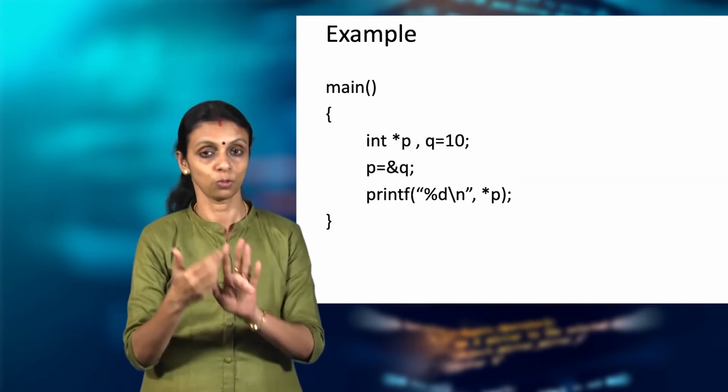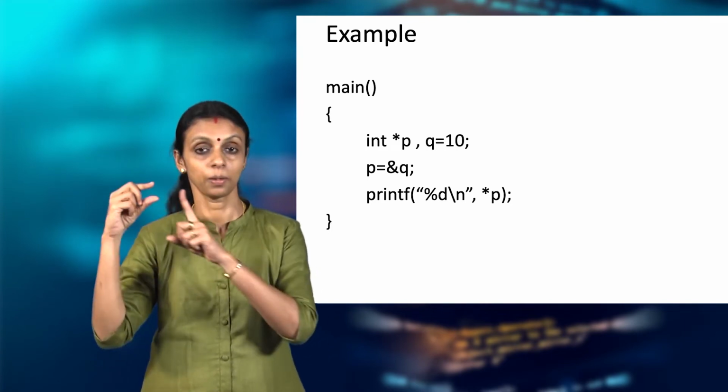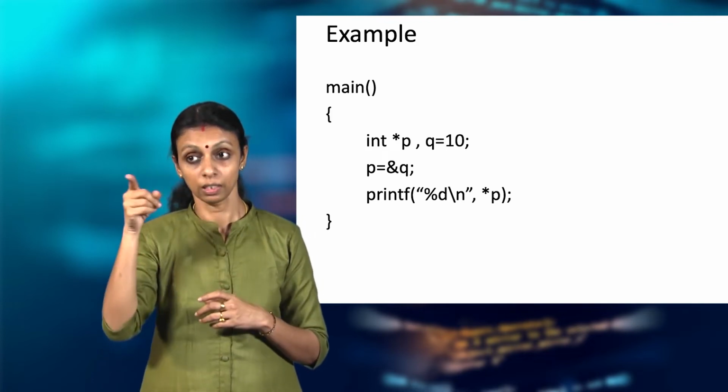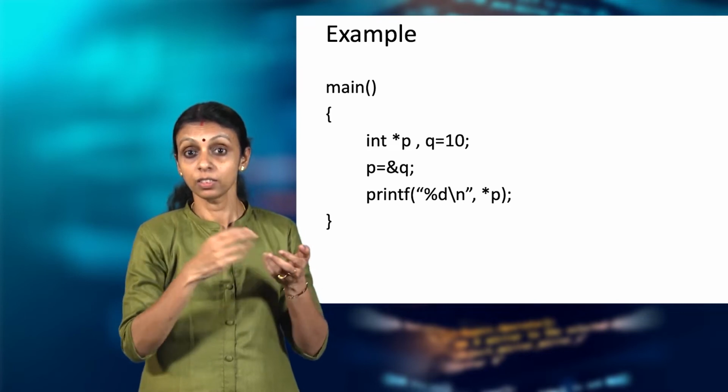Consider this program. int *p means p is a pointer variable. It stores the address of an integer variable.